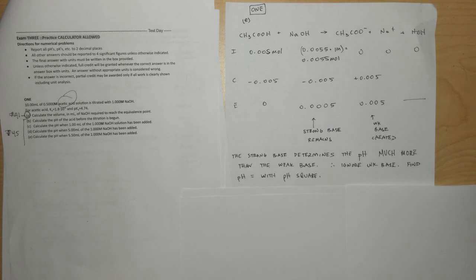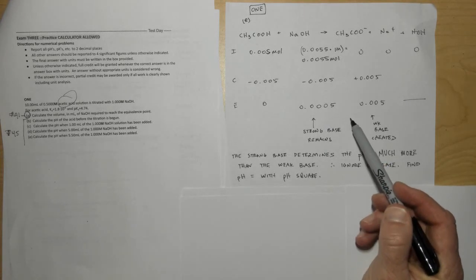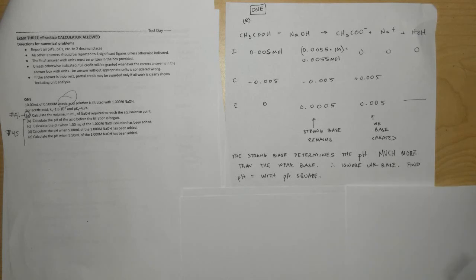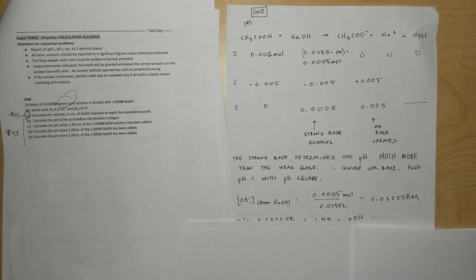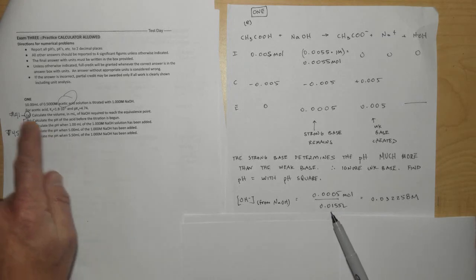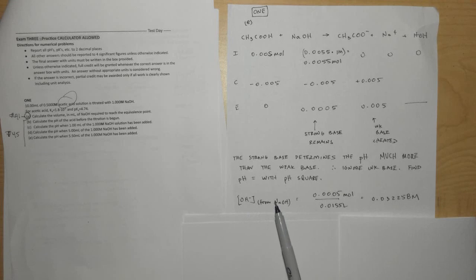The only difficult thing you have to do is remember, divide it by the liters to get the molarity, because you have to have the concentration of OH minus, because this OH minus is moles. So take your moles, divide it by your total number of liters, which is 5.5 plus 10, so 0.0155 liters. That gives me my molarity of my OH minus right here that came from NaOH.